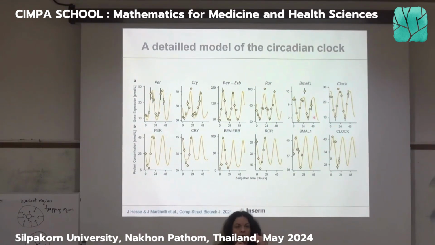Usually the amplitude is smaller, which may be due to just a smaller amplitude in all the oscillators, but which may also be due to the fact that the cells are not synchronized between each other. Because in the healthy situation, the cells are supposed to be synchronized. All your liver cells, for instance, the same cell type, have the same clock. And this is because the body is entraining the cells.